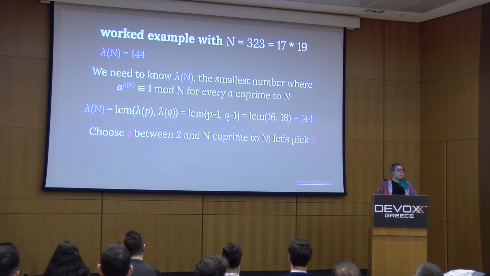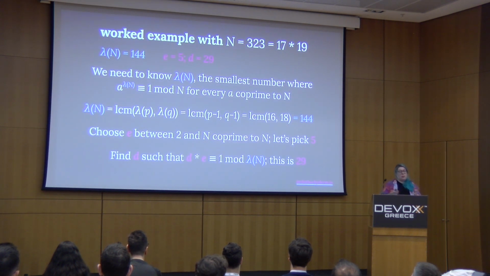It has to share no factors with it, so we couldn't pick 17 or 19. So I choose 5. Why not? It's a small number. And what we do is we find a number that when you multiply 5 by it, you get 1 more than 144. And this is 29. 29 times 5 is 145, 1 more than 144. If 145 didn't divide by 5, you could keep adding multiples of 144 till you got to a number that did.